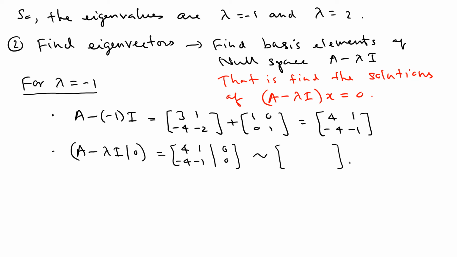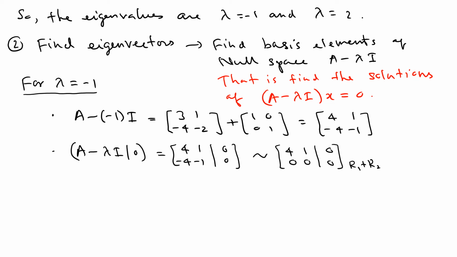R1 plus R2, you're going to get 4, 1, 0, 0, 0, 0. That's what you get. And you can see that once you get a 0 row like that, this is the reduced form. The question is, do we really need the reduced echelon form? We do not need the reduced echelon form. This is perfectly fine, and also you get good results for that.